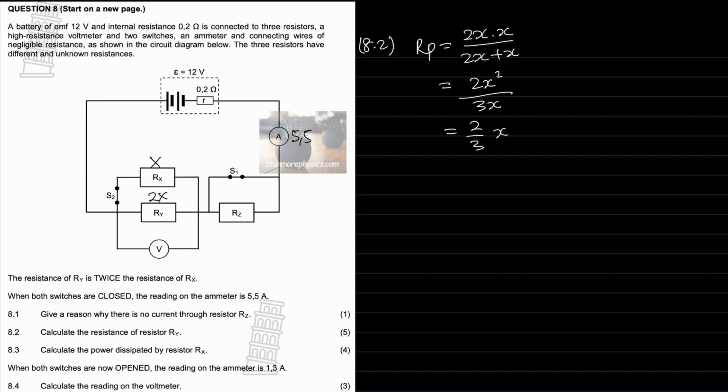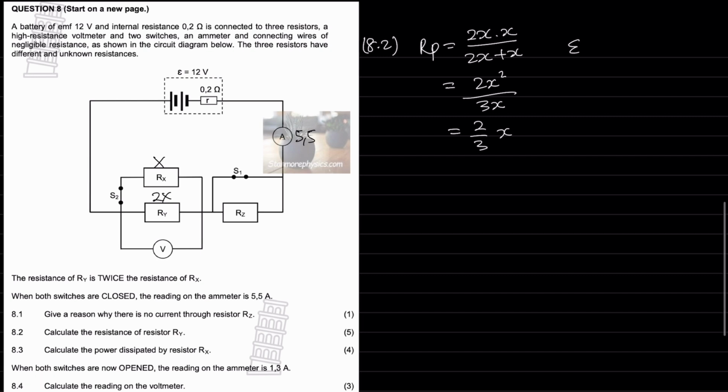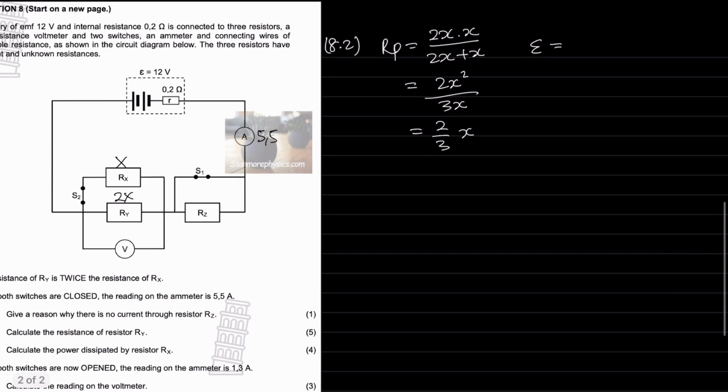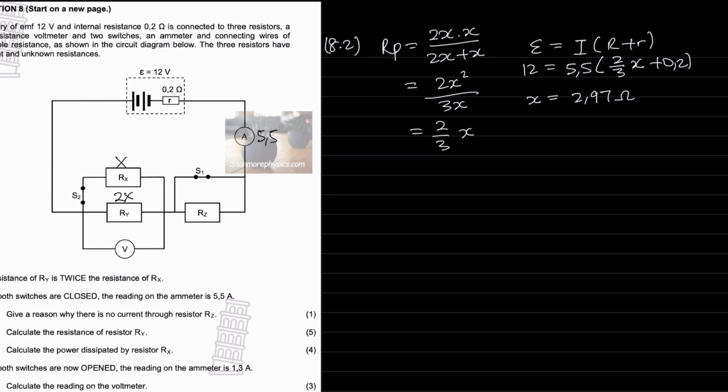Then we can actually work out the value for Ry using the EMF formula. So EMF is equal to the current into big R plus small r. The EMF is 12, the current is 5.5, and the R value is 2 over 3x, and then plus 0.2. We can then solve for x, and x is 2,97 ohms.